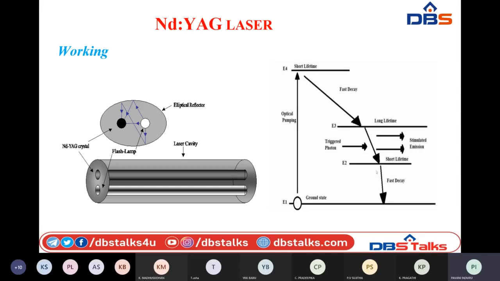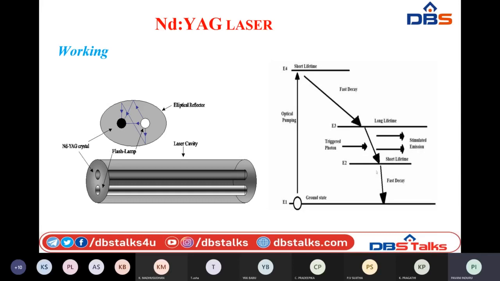Since this upper energy state lifetime is very small, they come back very fast to the E3 metastable state. The metastable state has a much longer life than E4. So all the atoms present in E4 will fall back quickly and stay there, waiting for around 10 power minus 3 microseconds.